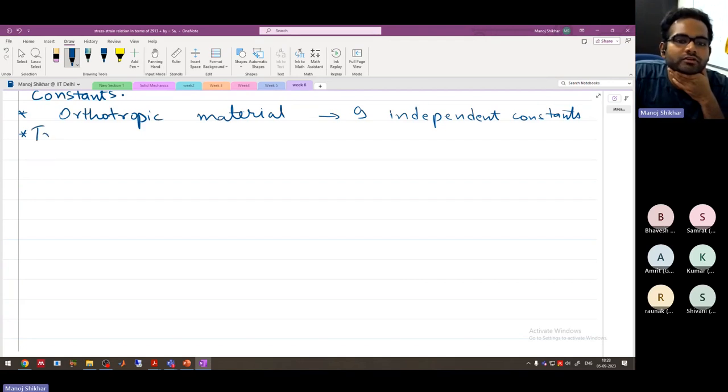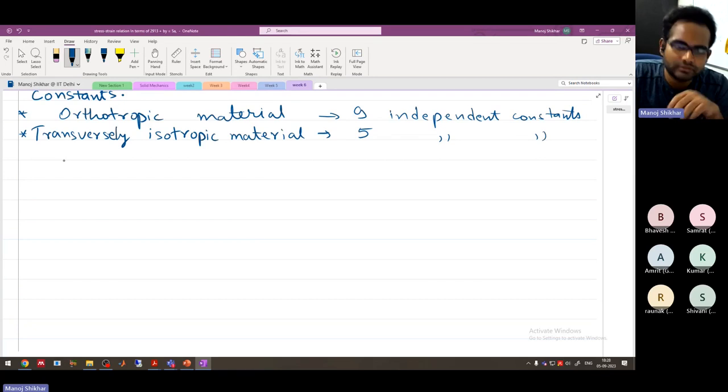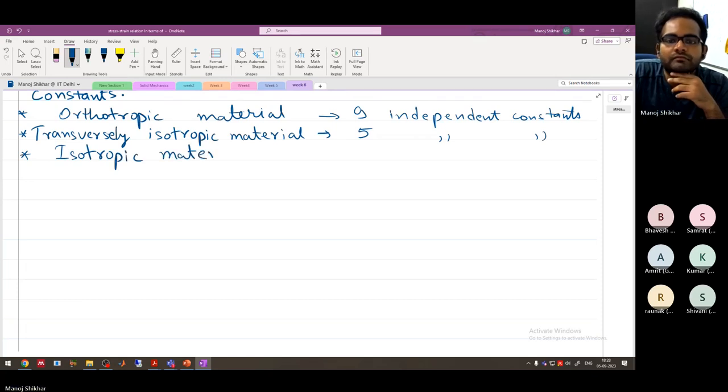Then transversely isotropic material will have 5 independent constants. And isotropic materials will have 2 independent constants.